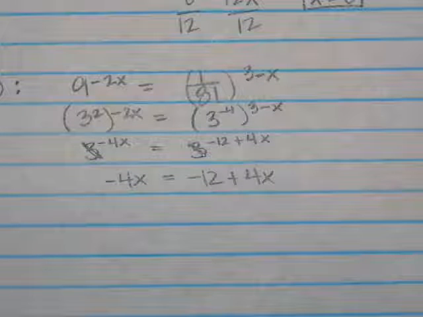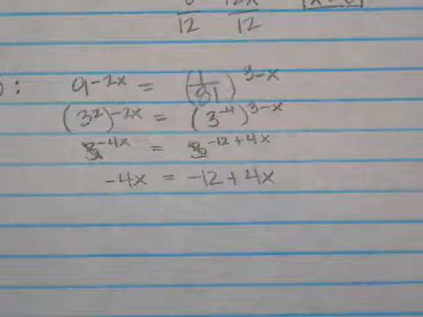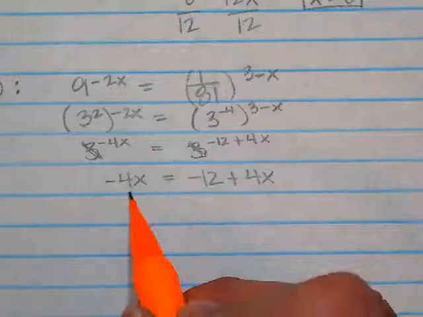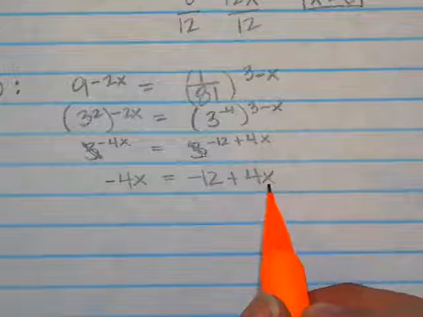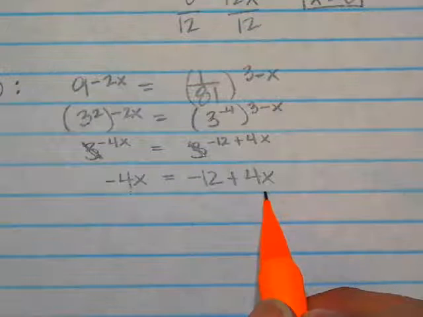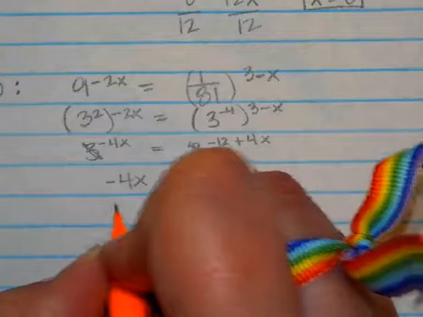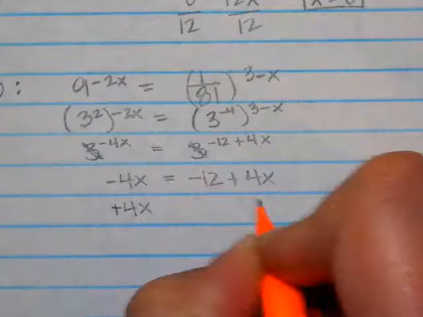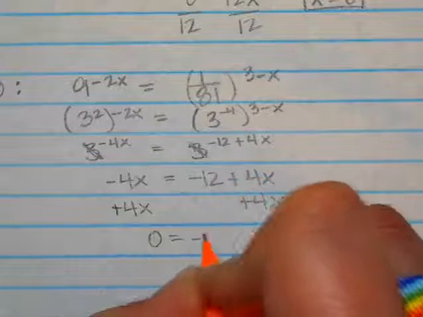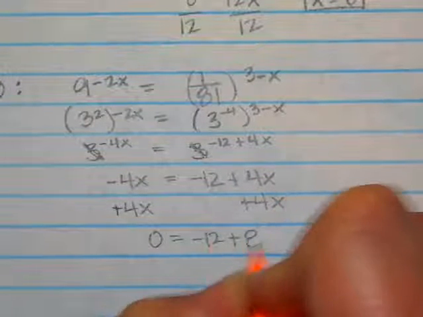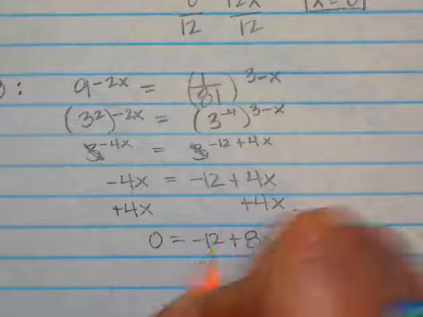Add 4x to both sides. Then everything will be on one side. We want to do that. Okay, we can do that. So add the 4x, add the 4x. We get 0 equals negative 12 plus 8x, and we just move the 12 over.